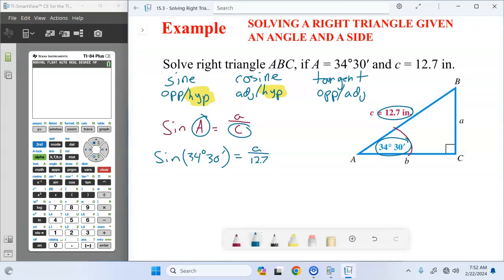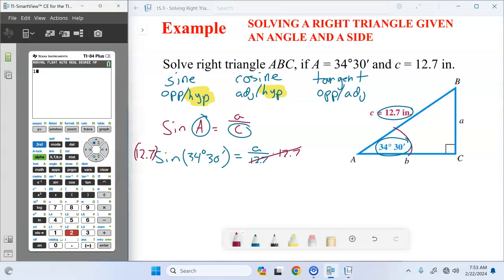Algebraically, to isolate A, we multiply both sides by 12.7. That cancels, leaving A all by itself, and then our calculator takes over from there.